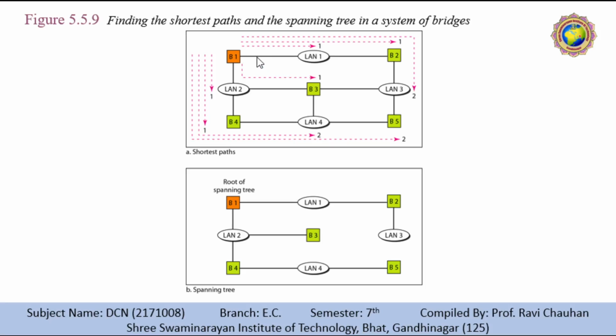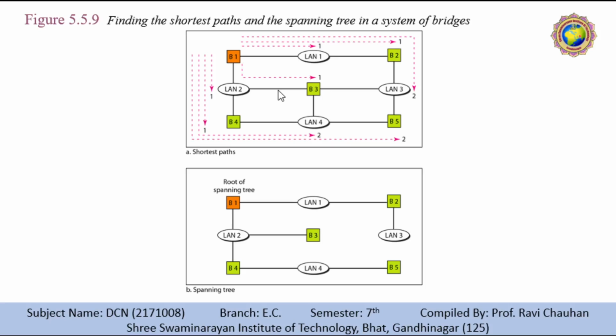Each bridge broadcasts its ID so that all bridges know which one has the smallest ID. The bridge with the smallest ID is selected as the root bridge, the root of the tree. We assume that bridge B1 has the smallest ID. It is therefore selected as the root bridge, shown over here in the orange color box.